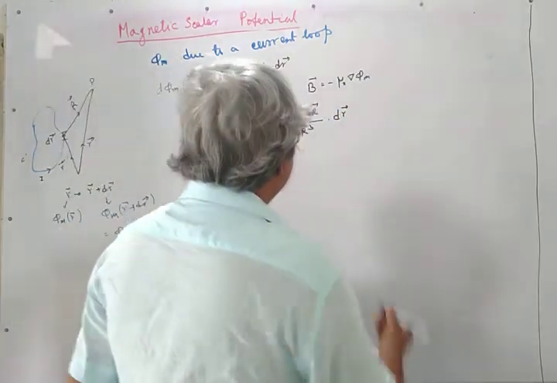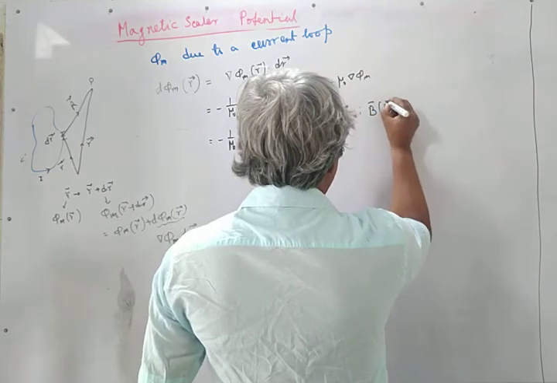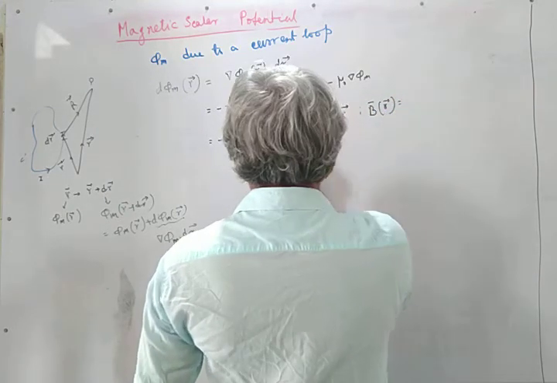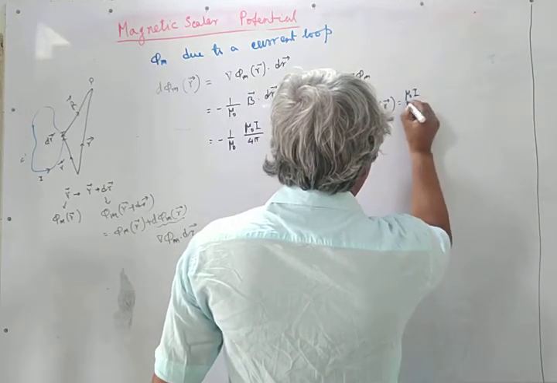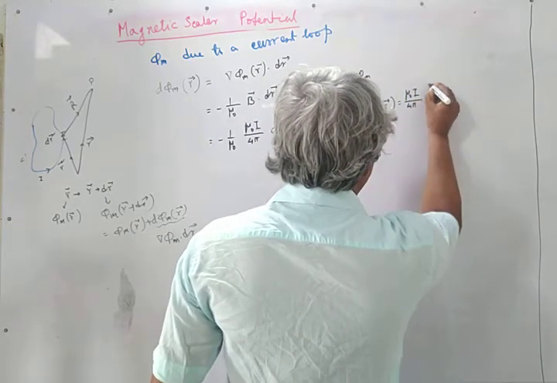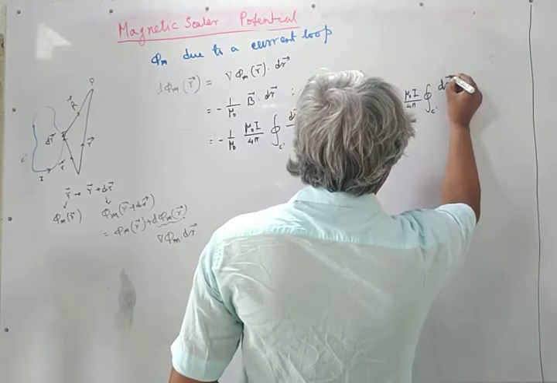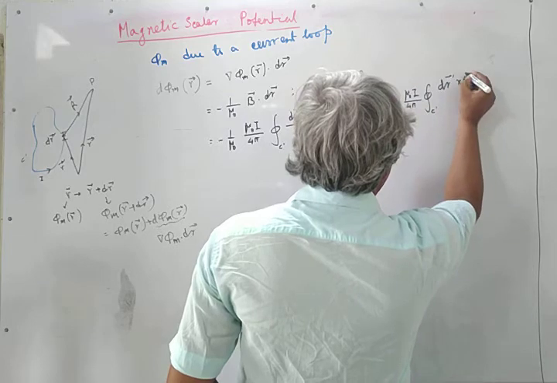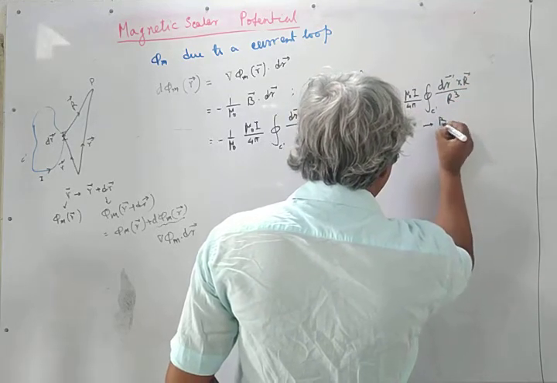Here we have replaced the B at R due to this current carrying loop. The integration over C prime is mu 0 I upon 4 pi, as per the Biot-Savart law.